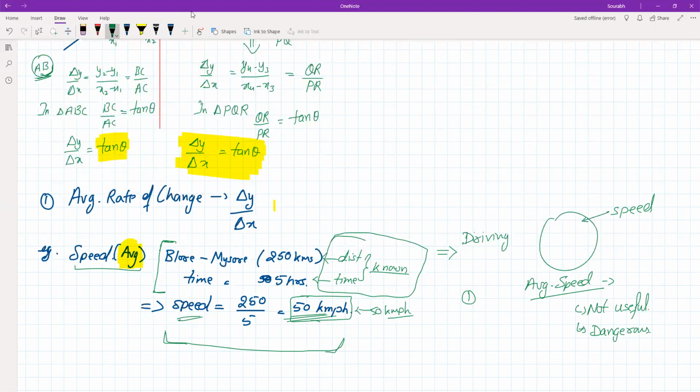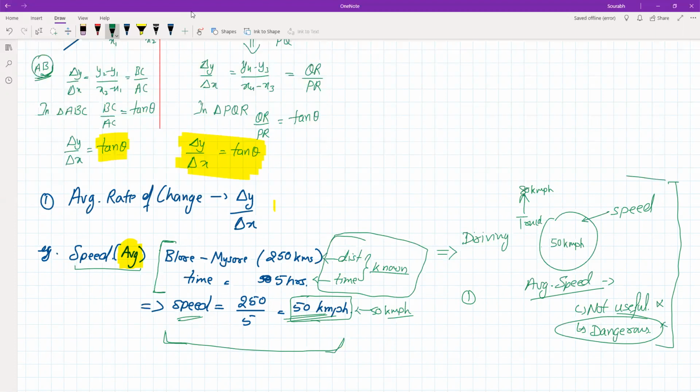So this meter is still showing 50 kilometers per hour when you are actually overtaking a truck which is moving at 80 kilometers per hour. That means even if you somehow manage to get average speed, in practical life this is not required, not useful. This is actually dangerous.